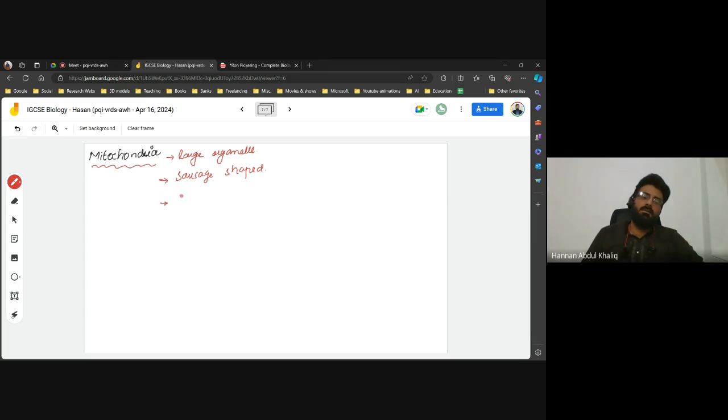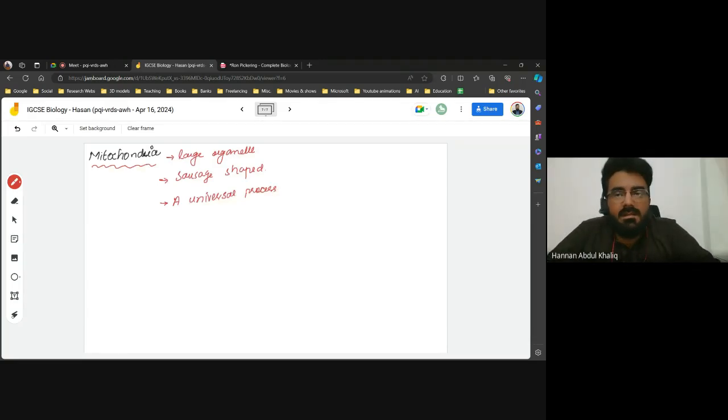And they perform a universal process. Universal process means that this process exists in many other organisms as well. This process is called respiration.